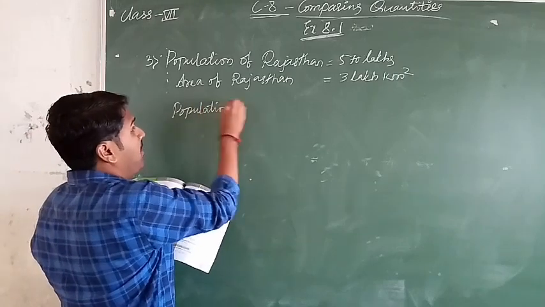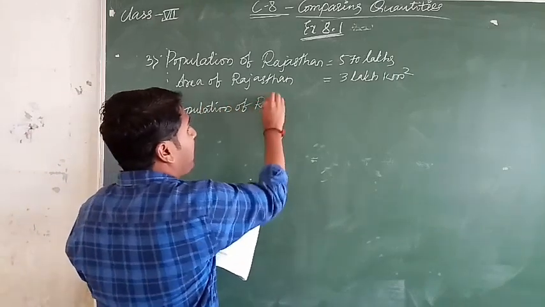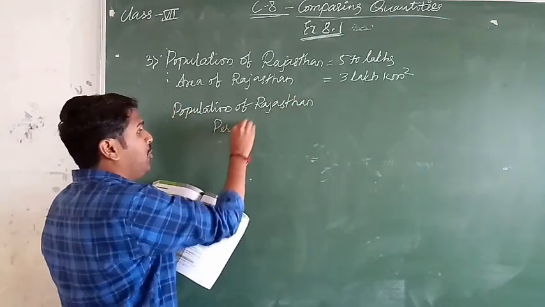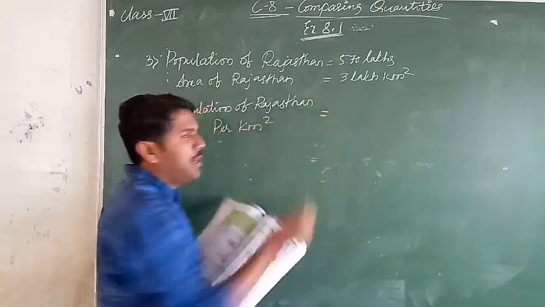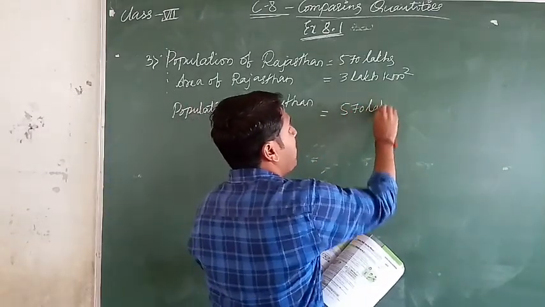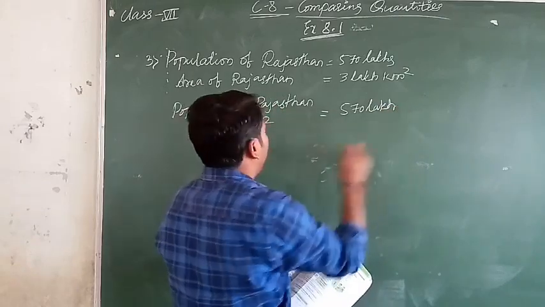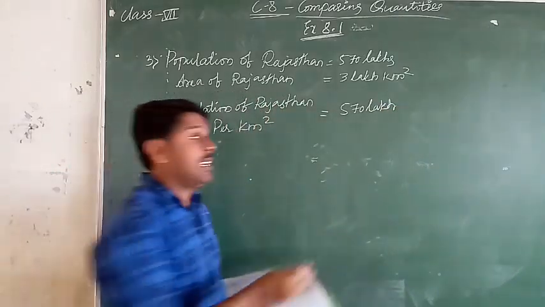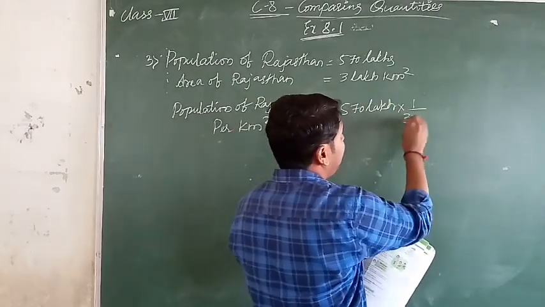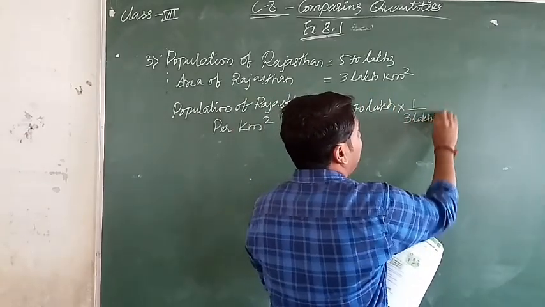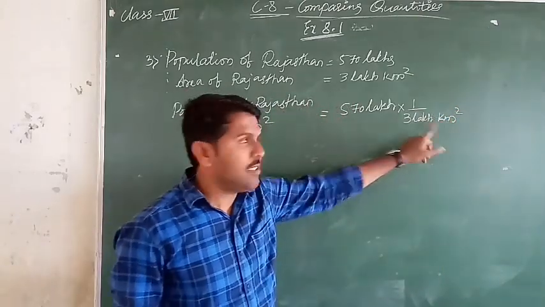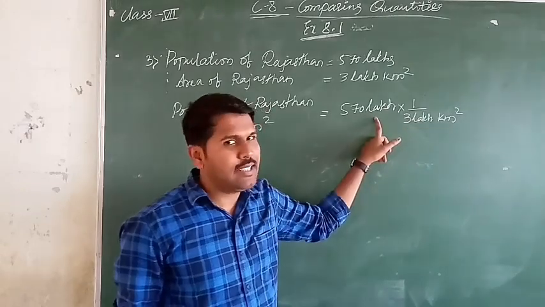Population of Rajasthan per kilometer square equals, per means divided, so first write down the population 570 lakhs, and per kilometer means 1 by kilometer, so 3 lakh kilometer square. So here lakh and lakh are there, cancellation possible.